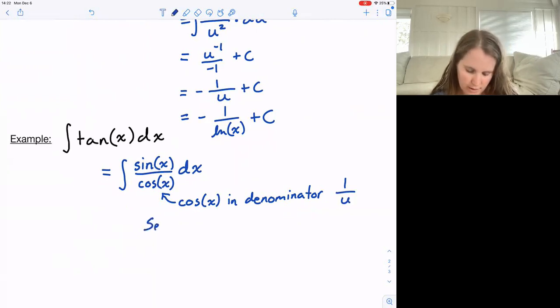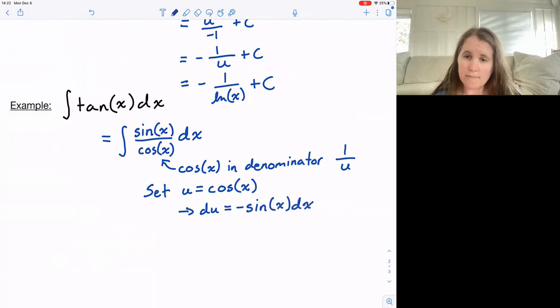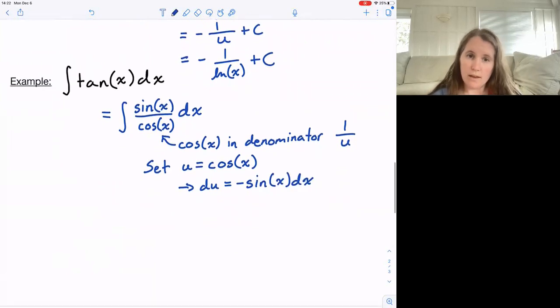So let's go ahead and set u equal to cosine of x. Then we have that du would be negative sine of x dx. Or sine of x dx, which we do see in our problem, should be equal to negative du.